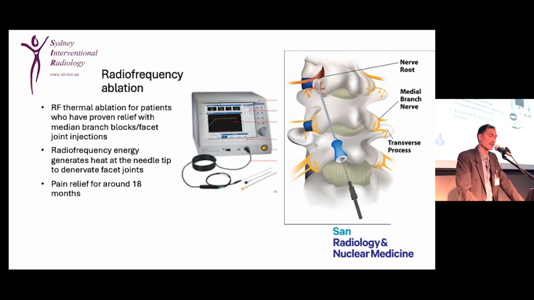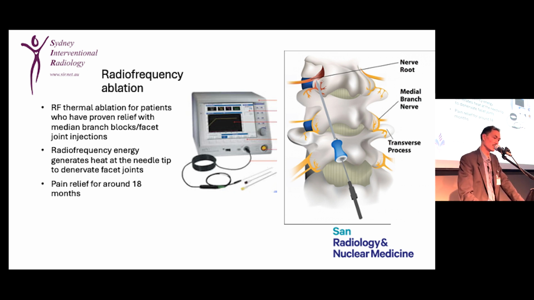So RFA is a thermal ablation technique used to ablate the nerves supplying the facet joints. So what we do for these is we usually do a test injection to ensure that the ablation will be successful. And that's a medial branch block. And if this works, the patient has a second follow-up procedure where the ablation is conducted.